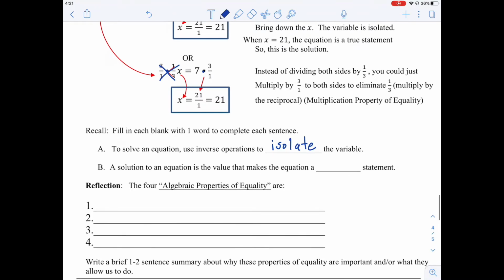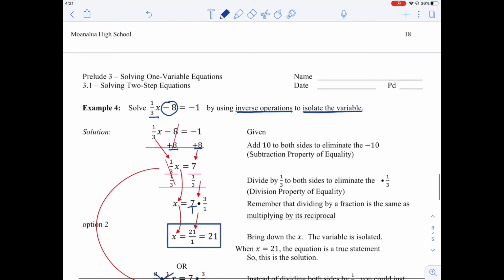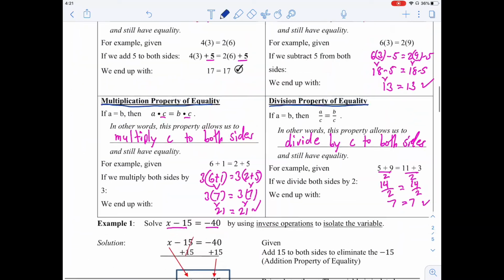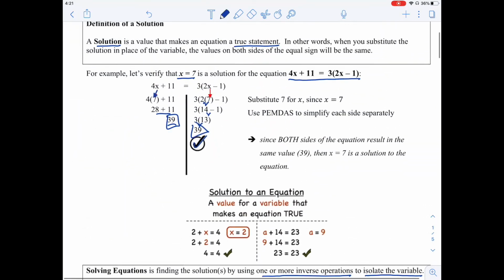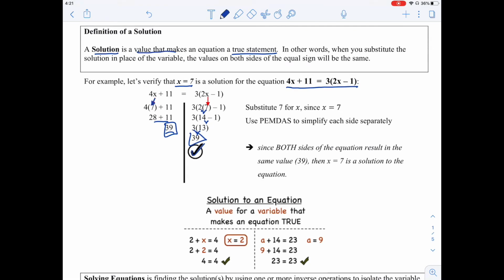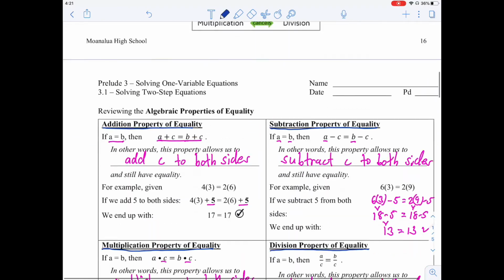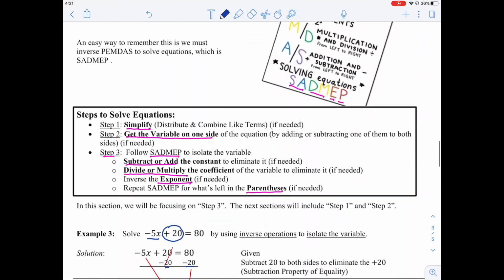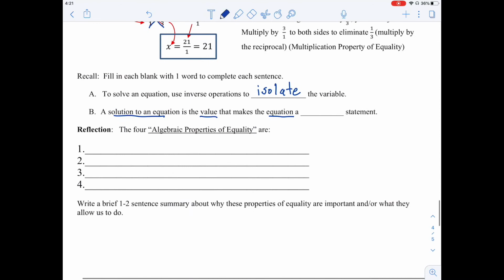A solution to an equation is a value that makes an equation a, look at what we had in the beginning, right? So a solution is a value that makes an equation a true statement.